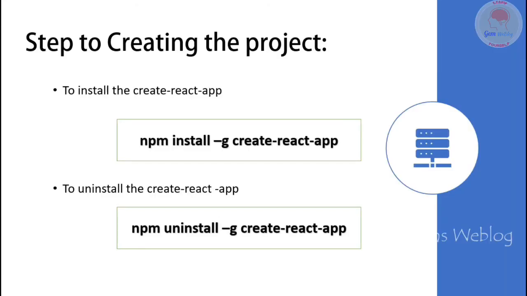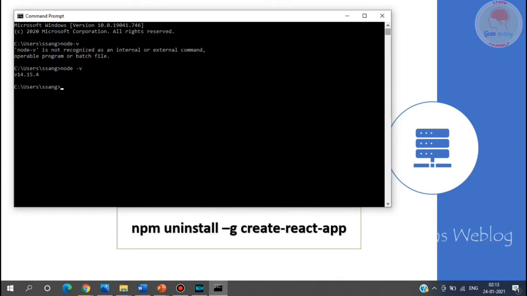Next, we are going to the step of creating a project. To install Create React App, we have to run npm install -g create-react-app.